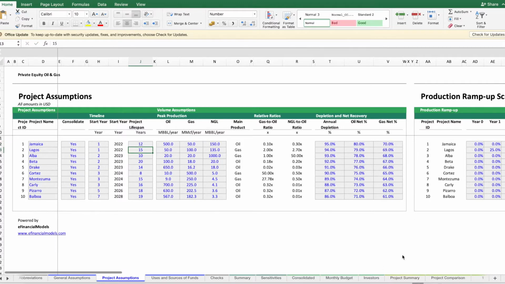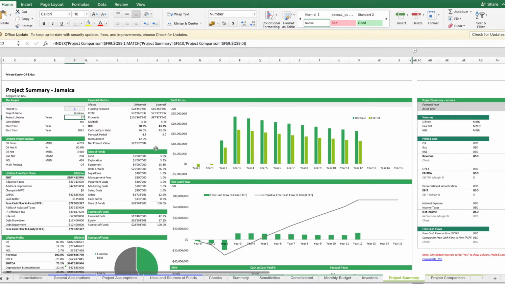We enter the years and go back to the project summary, and now you can see that revenues and EBITDA are projected up to year 12, and also the free cash flows. We can see that they break even after 4.5 years.